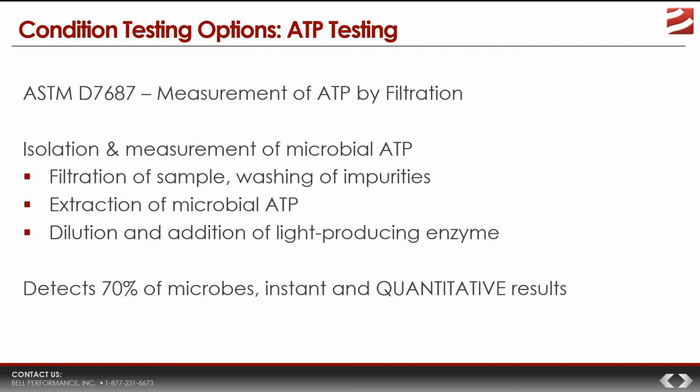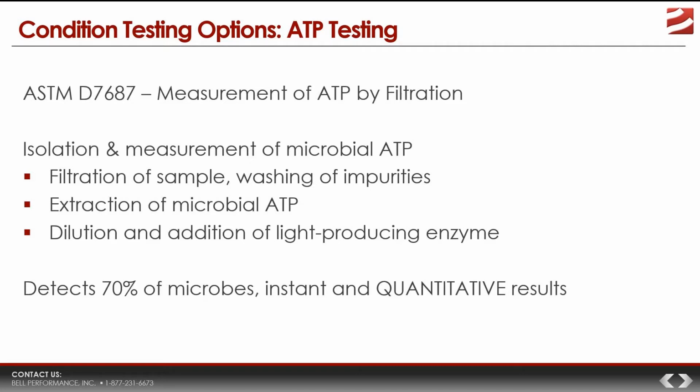You take that test tube and put it in this luminometer, a specialized piece of equipment, which exposes it to UV light and measures how bright the glow is, and it will be able to calculate for you exactly how many microbes were actually in that sample based on the amount of ATP that it was able to detect.